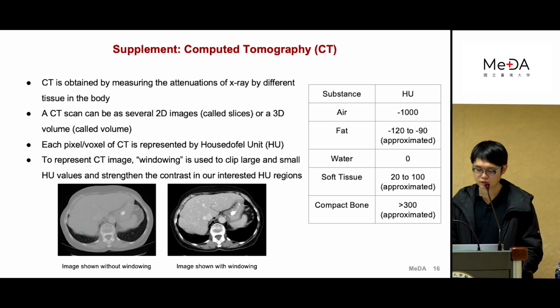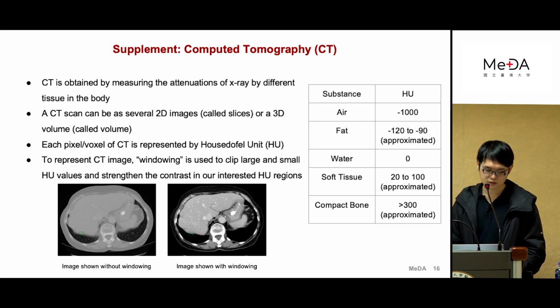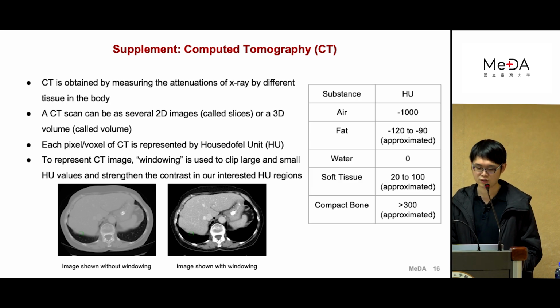So you will find the actual values can have a very wide range. If I directly plot out a CT slice, you will see the image like the left-hand side. Its contrast is not very good, so we cannot see the detailed structure of the soft tissue in this image.